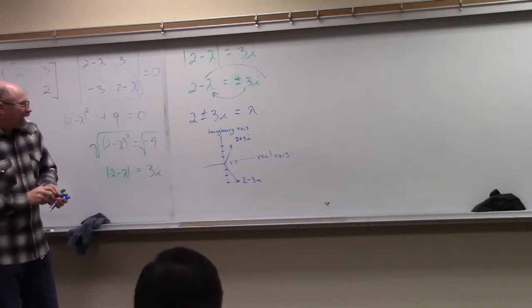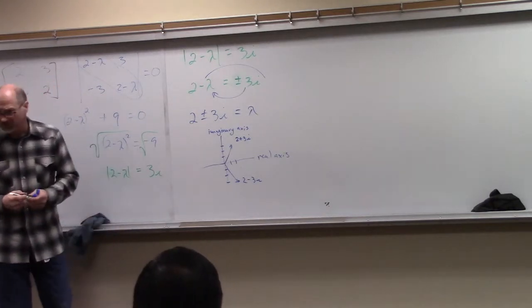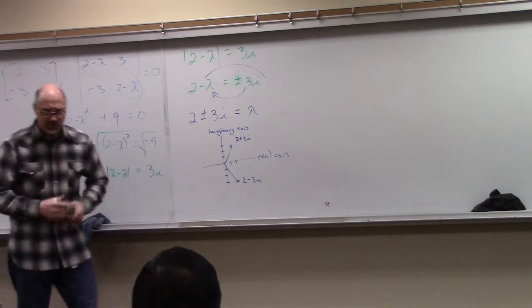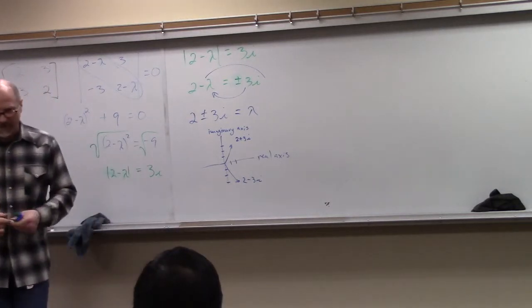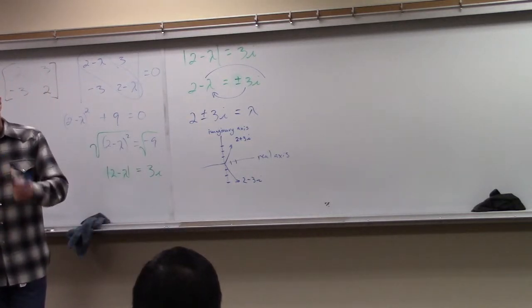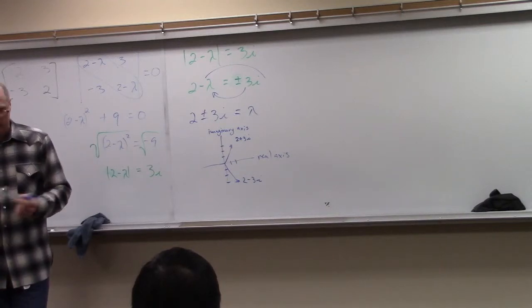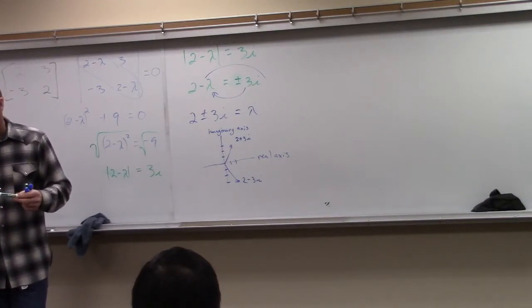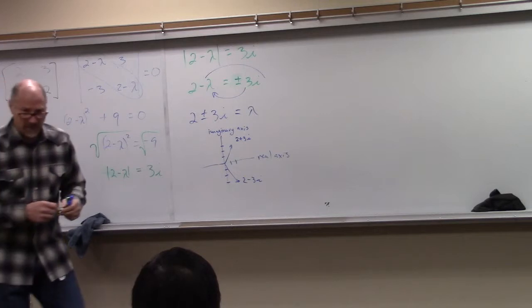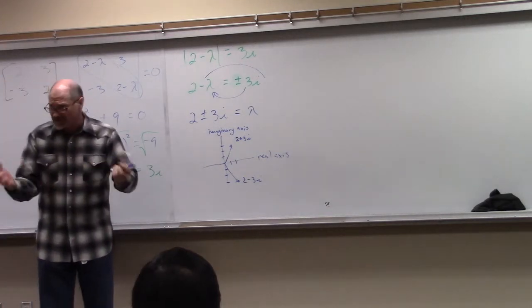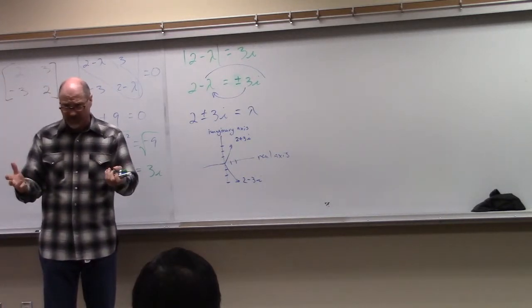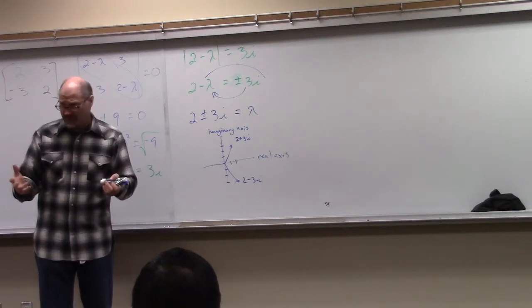Now, how do you find the magnitude of a vector? Don't you find the magnitude of the vector by taking the square root of the sum of the squares of the components, right? So if you have a three-dimensional vector, have you done three-dimensional vectors yet? Magnitude of three dimensionals?